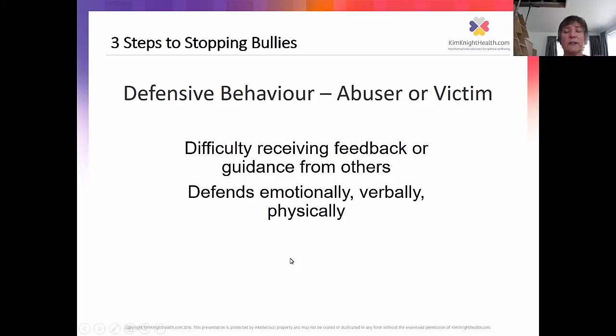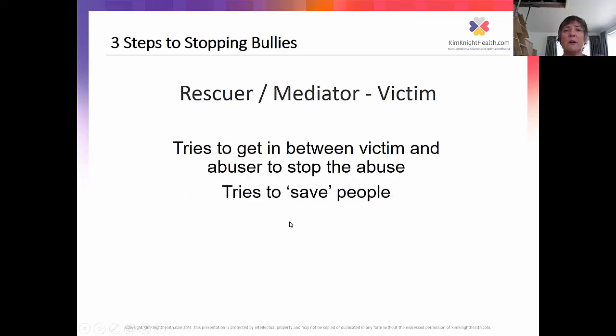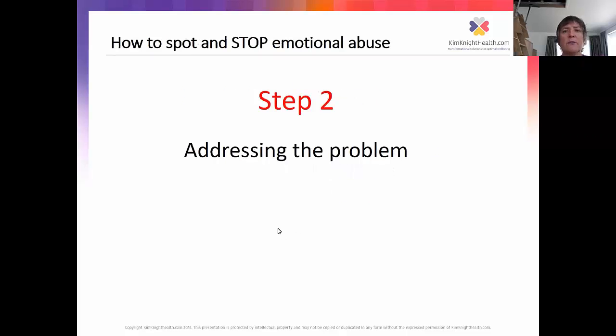We're just doing the best with what we have. And then the rescuer, who is more of a mediator, is potentially more on the victim end of the scale. They try to get in between the victim and the abuser to stop the abuse, and they try to save people. And there can also be a lot of fear for that rescuer. So these are all the setups of the problem.